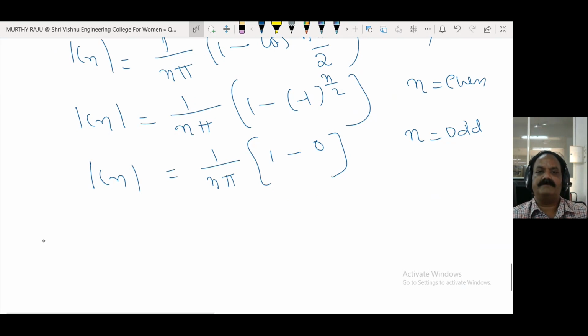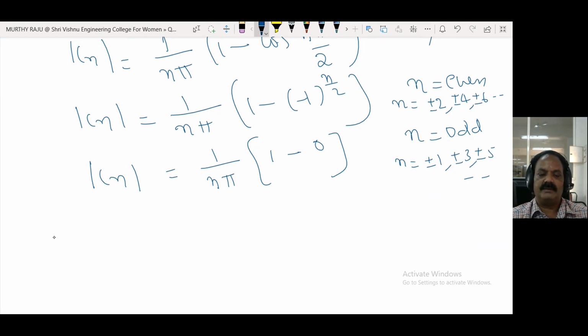Find out the quotient here. Even means n is equal to plus or minus 2, plus or minus 4, plus or minus 6. Odd means plus or minus 1, plus or minus 3, plus or minus 5 and so on. Consider even values, n is equal to plus 2.